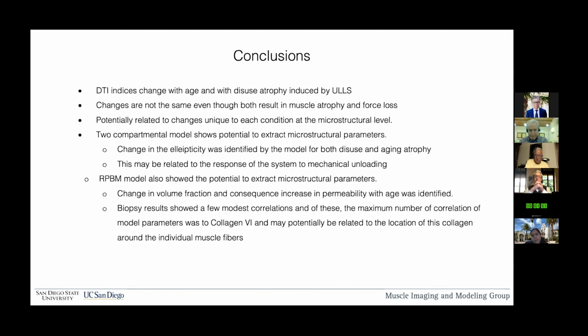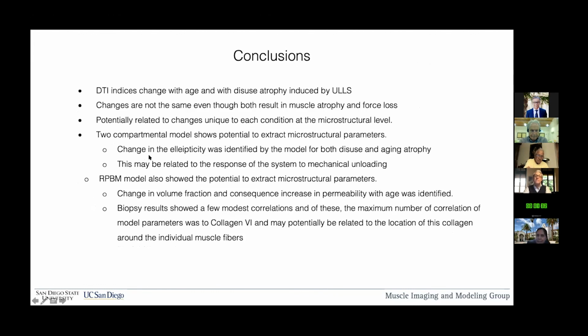So in conclusion, these are preliminary results with modeling, and modeling is subject to a lot of constraints because these parameters may be very sensitive to the noise in the images. It still shows potential.